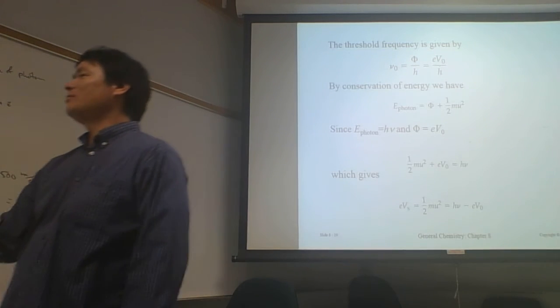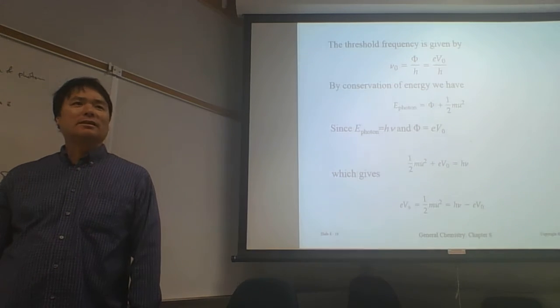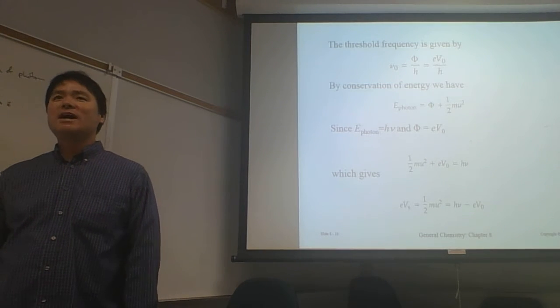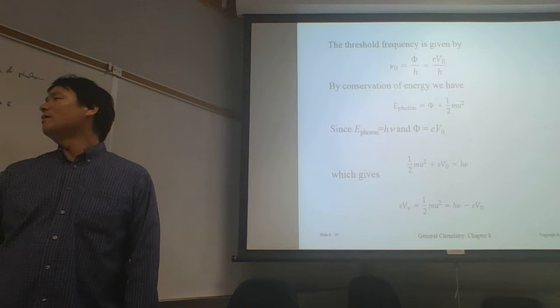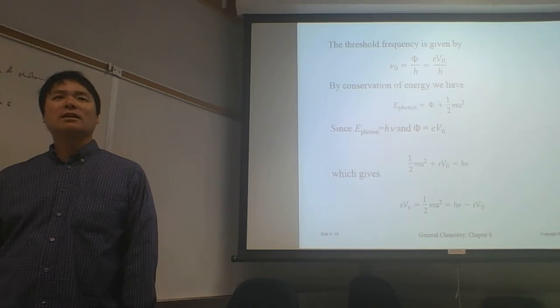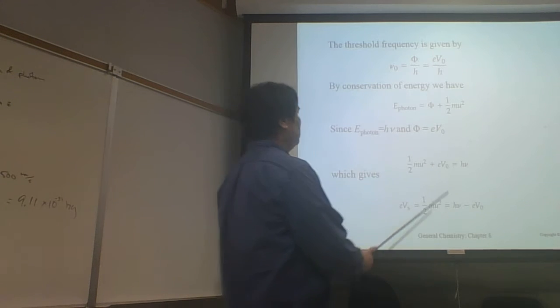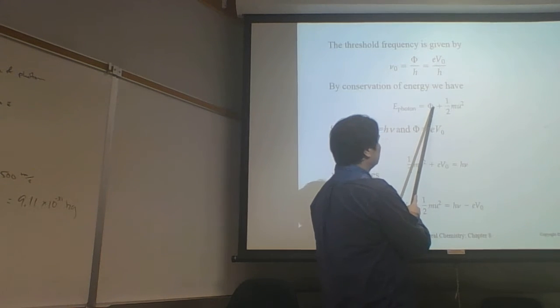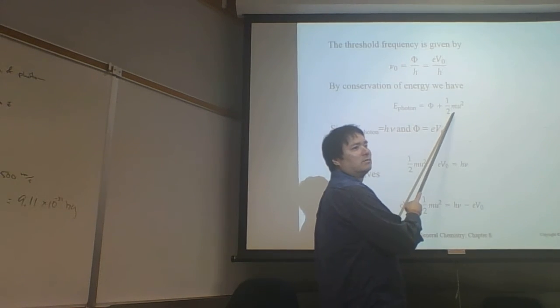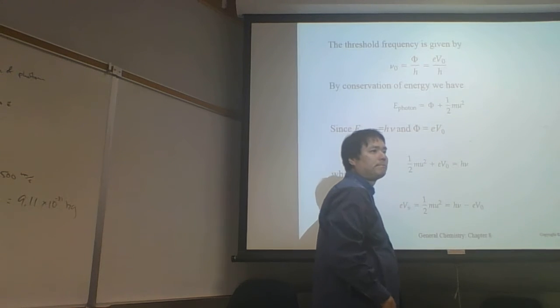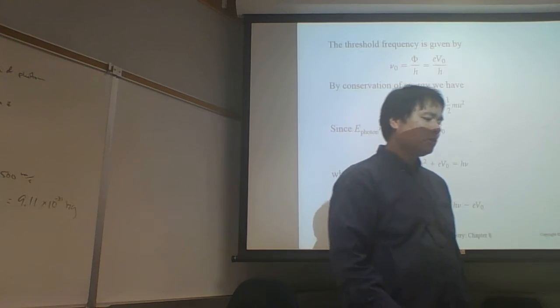If you have less, then what's going to happen? Nothing. If you have just the right amount, you'll knock an electron off. If you have more than the right amount, you're going to knock the electron off, plus give it some velocity. So if you have more than enough, you're going to knock the electron off, which is phi, plus give it some velocity. That's all this is showing.